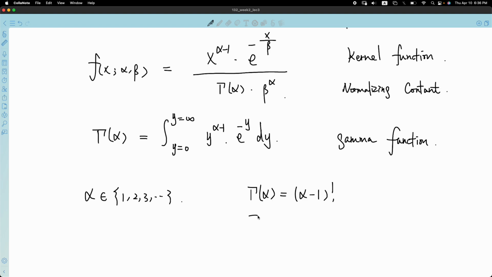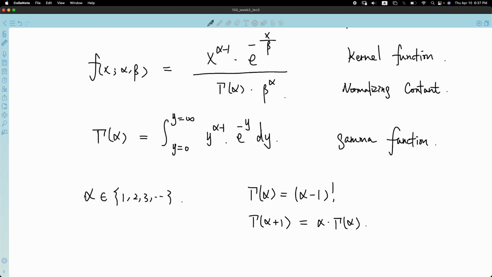Another thing for this gamma function is that you also have the following: gamma of alpha plus 1 is equal to alpha multiplied by the gamma function of alpha. Okay, so these two only apply when alpha is an integer. If alpha is not an integer, you should use the integral to evaluate that.